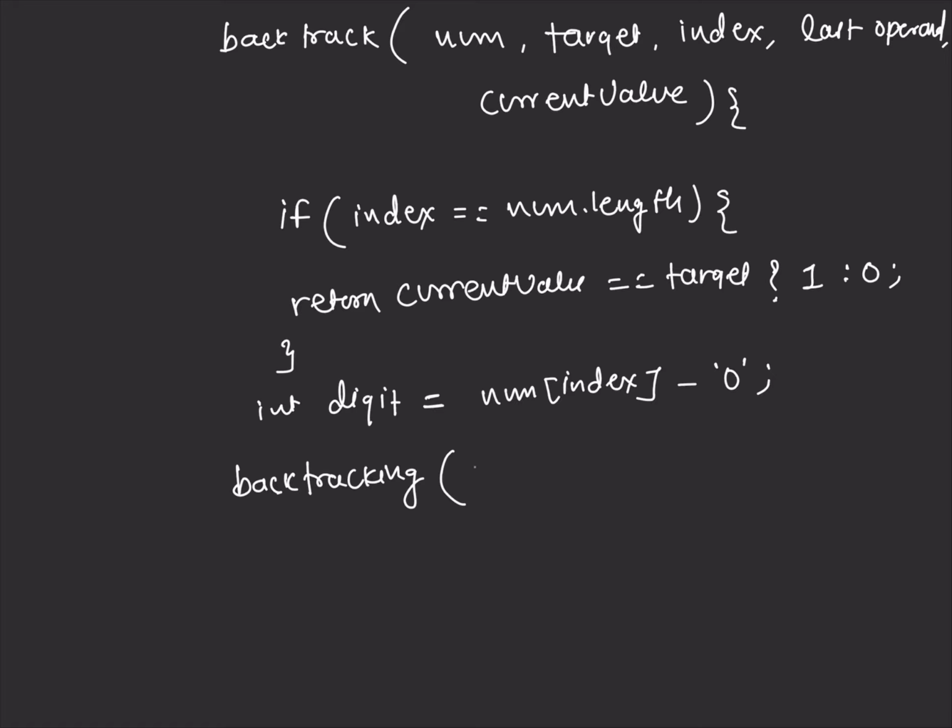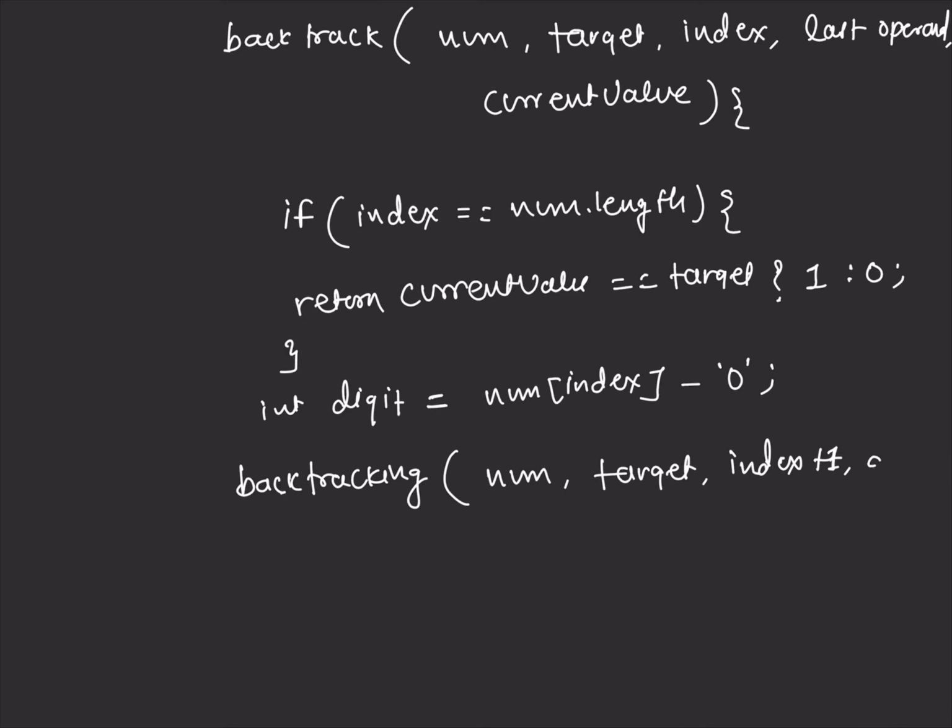First we'll use the addition. So here num as it is, then target as it is, then index plus 1, then the last operand is digit, and then the current value will be current value plus the digit. This is for addition.